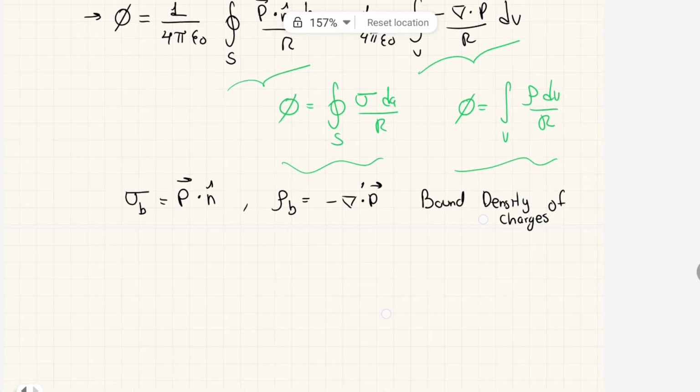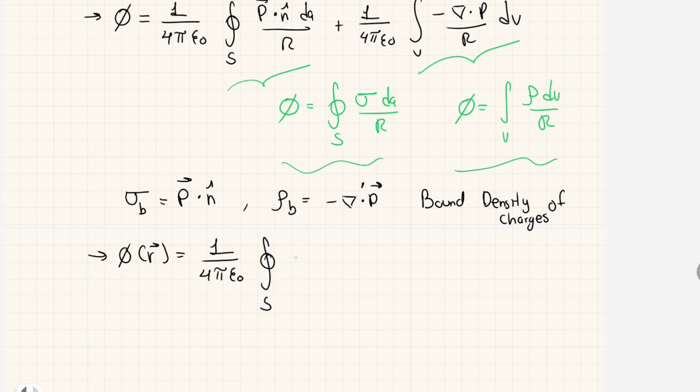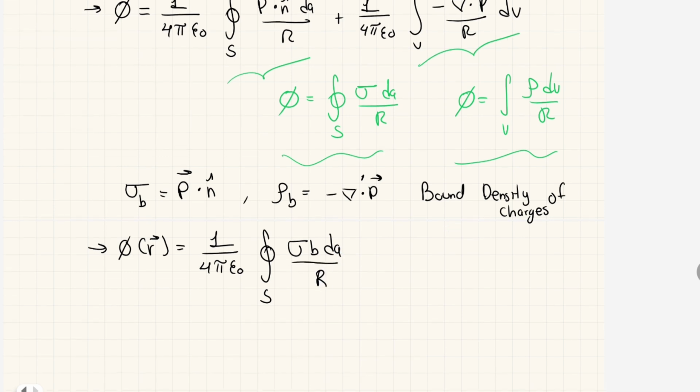Okay, so we can rewrite the electric potential phi of r as 1 over 4 pi epsilon 0 times the surface integral of sigma b dA over r, then plus 1 over 4 pi epsilon 0, the volume integral of rho b dV over r.